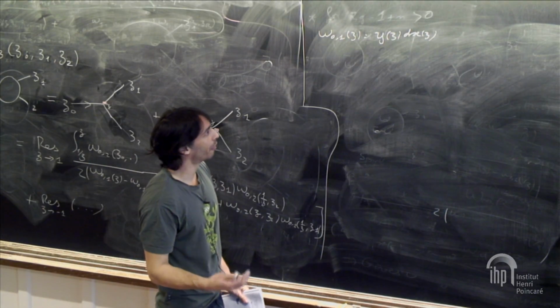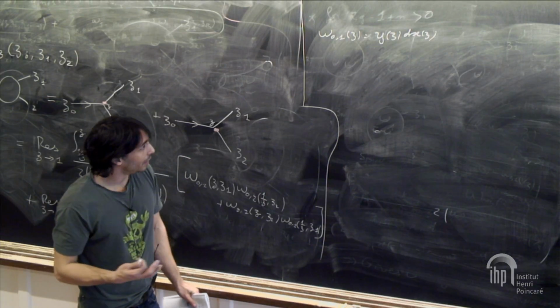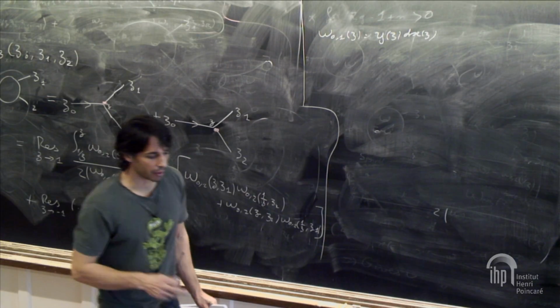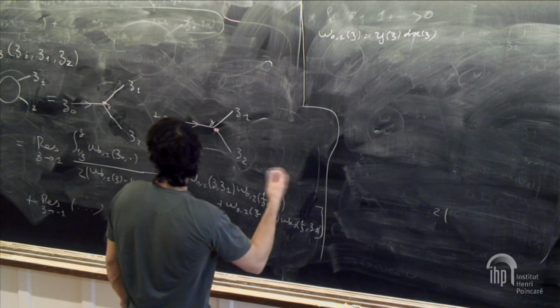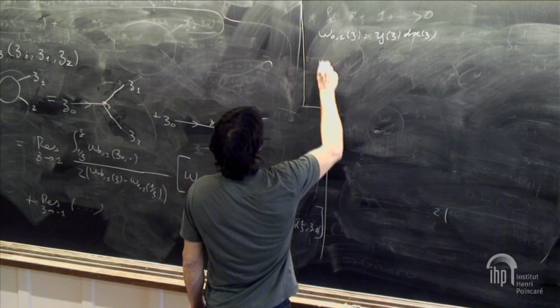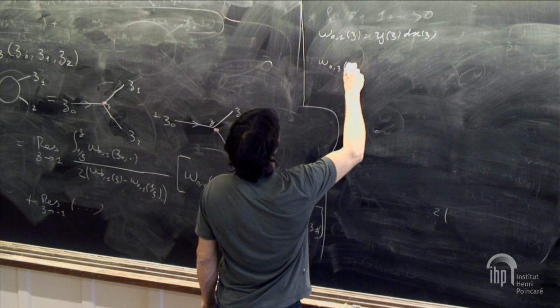So I gave you a recipe to get the explicit expression for these rational functions. And if you just make the computation here, you will end up with this formula.